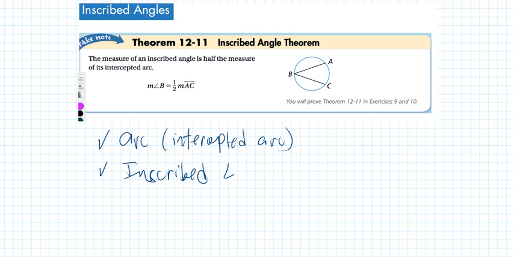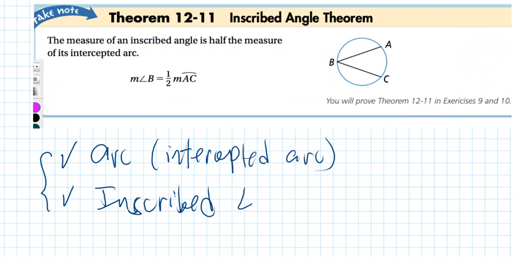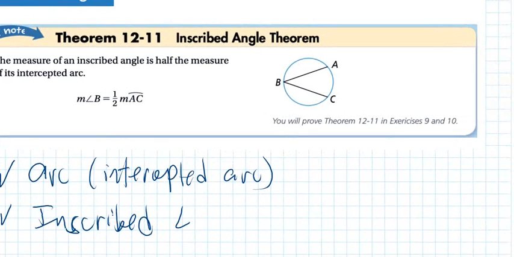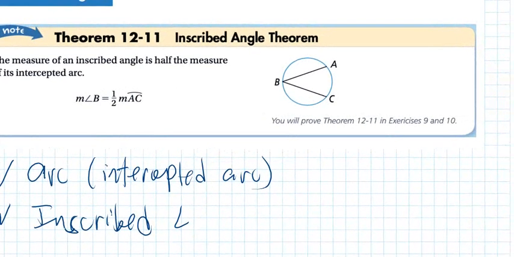So that is the formula on this. Let's make this a little bit bigger. Is that big enough for you to see? Yes. Okay. So let's say you're given the arc size of 80 degrees.